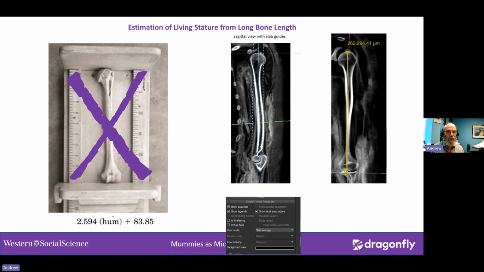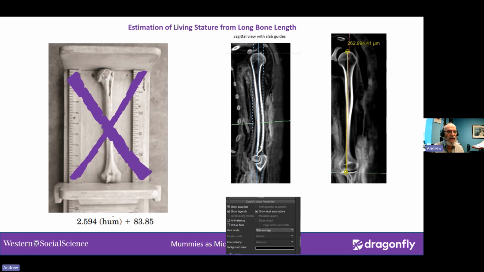If you're doing individual slices, it's actually very difficult to be sure that you're getting the maximum end of the proximal and distal parts of the bone to get the homologous measurement that you would have got on the osteometric board. So in this particular case, we use the slab view feature in Dragonfly, and we open up a slab of the CT images, much like an X-ray, but we're seeing the total thickness of the bone.